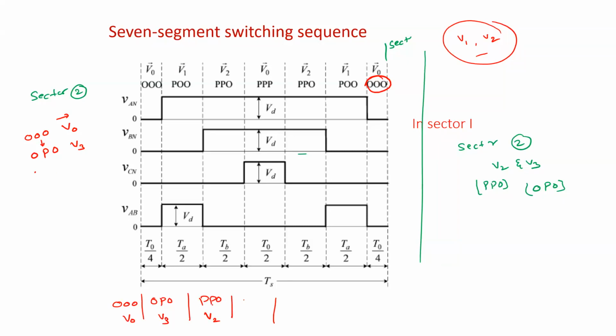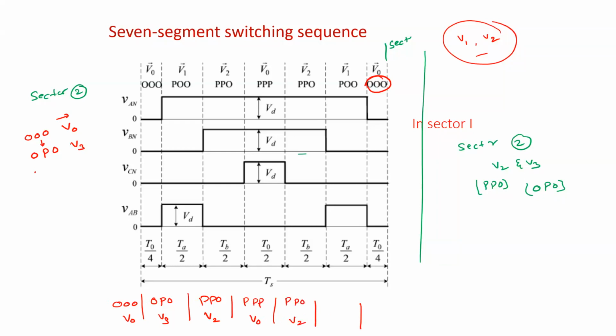Here we can place the zero vectors. So instead of 0, 0, 0, we place PPP. So that is V0 vector. Similarly, what will you place here? V2 will come, so this is PP0.